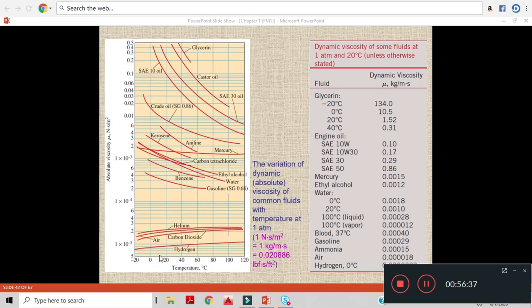As the temperature increases, the viscosity of the gases slightly increases, but the viscosity of all the liquids decreases.